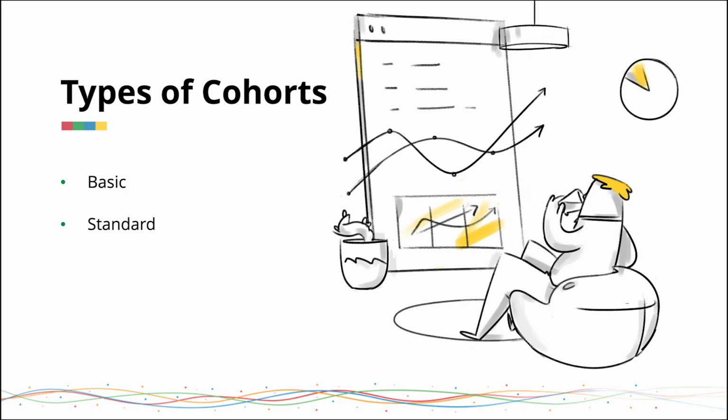This lets you do more personalized and relevant marketing campaigns. For example, run a cohort to analyze which marketing channel brought more leads, how many leads are being converted to deals, and what their retention rate is.